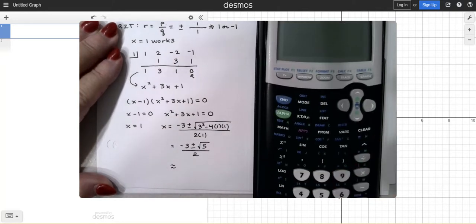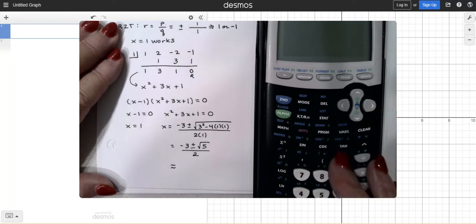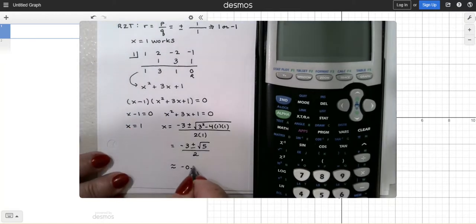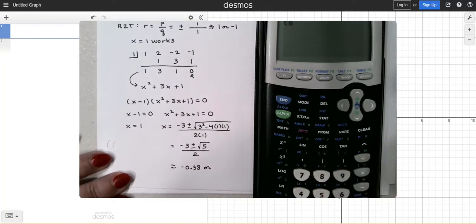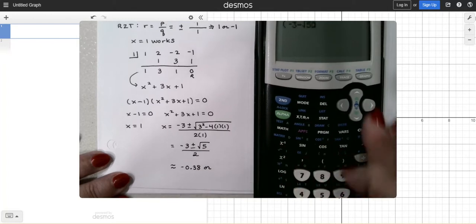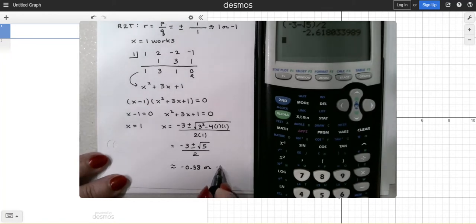So I'd have negative 3 plus the square root of 5 divided by 2 is about negative 0.38. And I'd have negative 3 minus the square root of 5 divided by 2 is about negative 2.62. Right, that one was when I used the plus, that one was when I used the minus.